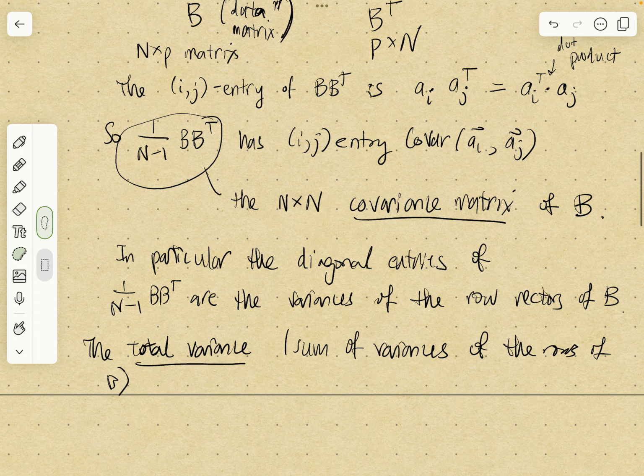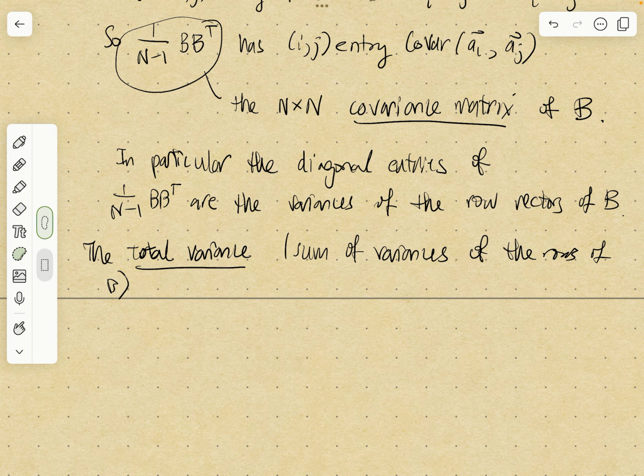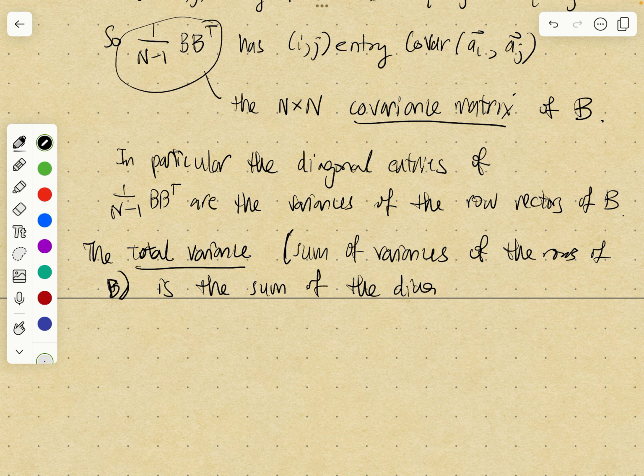That's just the sum of the diagonal entries of the covariance matrix.